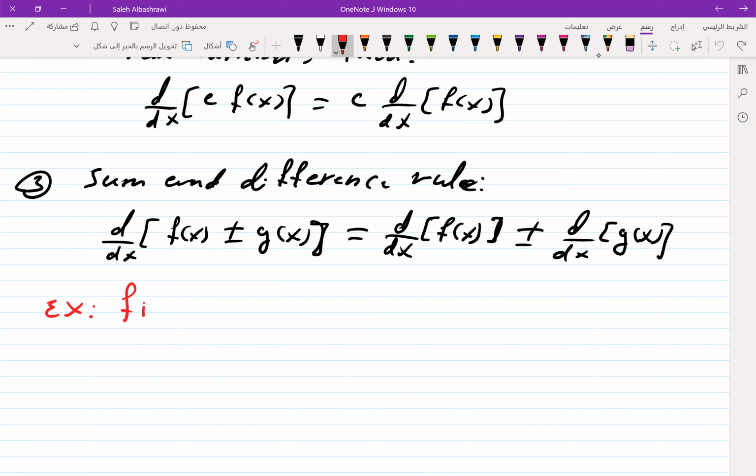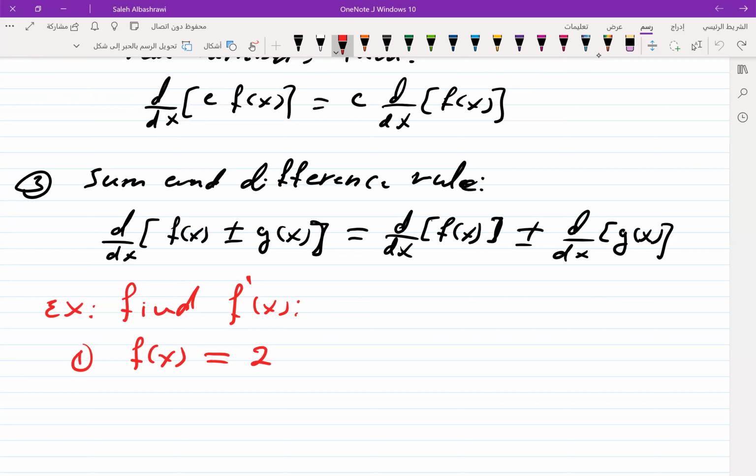Find the derivative f prime in each case. Number 1, if the function is equal to 2. It's just a constant function, f of x is equal to 2. In the last part, we said that the derivative of a function is the rate of change of the value of the function.